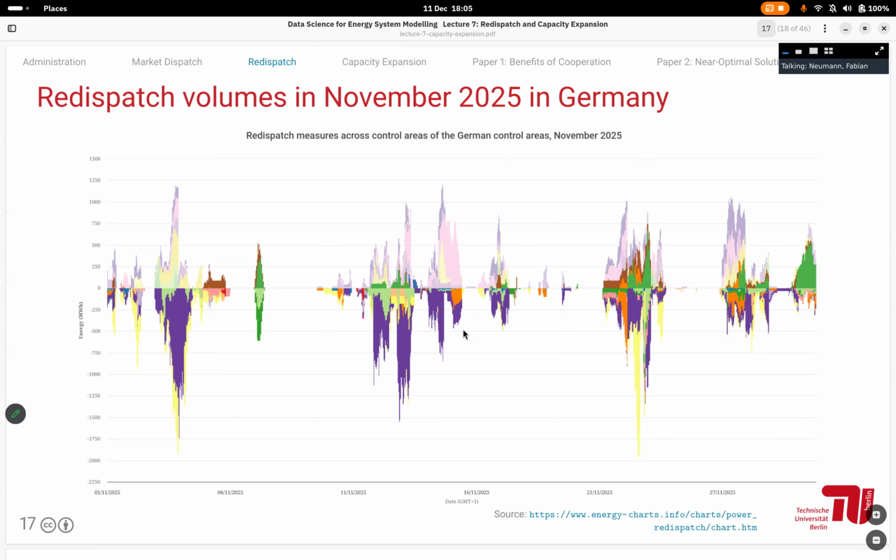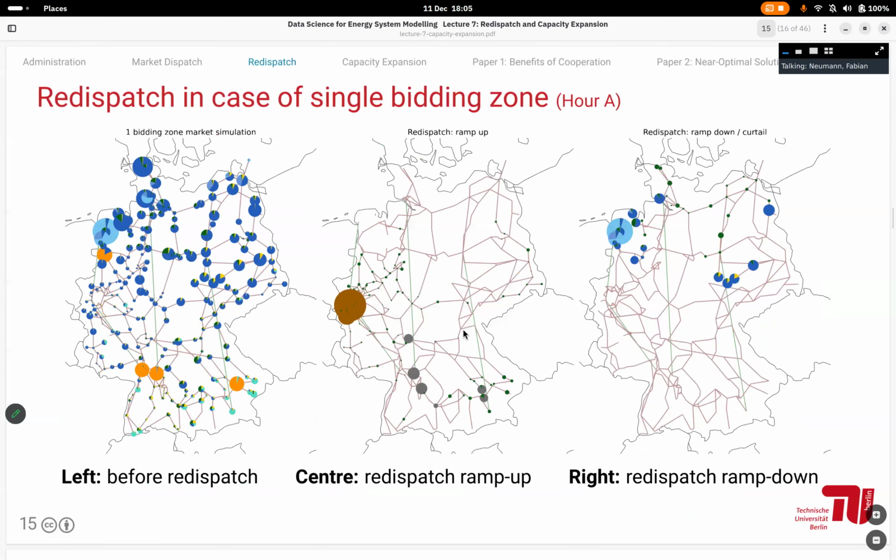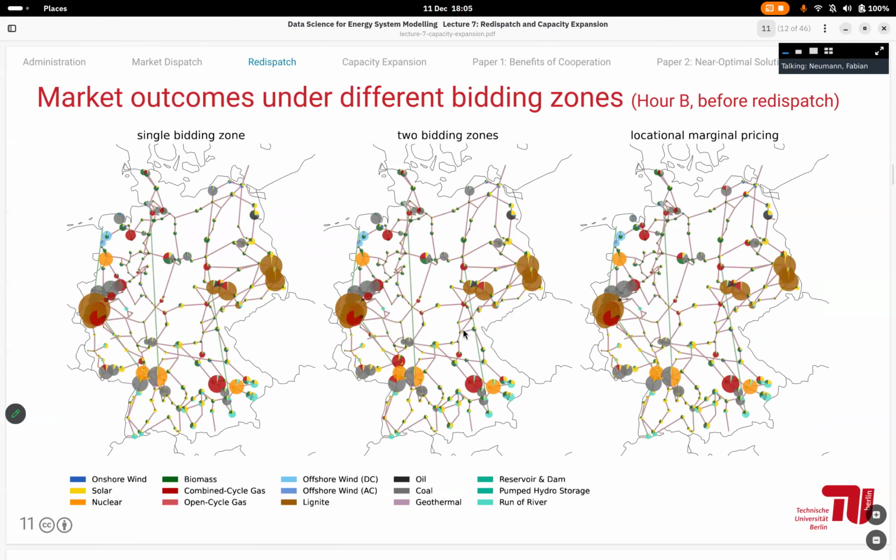That's the main reason why I showed this. We're not going to model redispatch ourselves in the course, but it's an important caveat that when we do investment decisions in the models that we're going to use, we're always implicitly working with the case of one market region per transmission node, rather than the status quo of a single bidding zone in Germany.